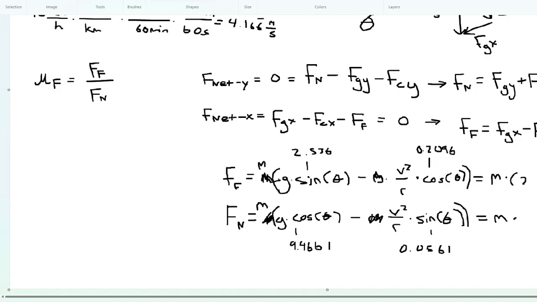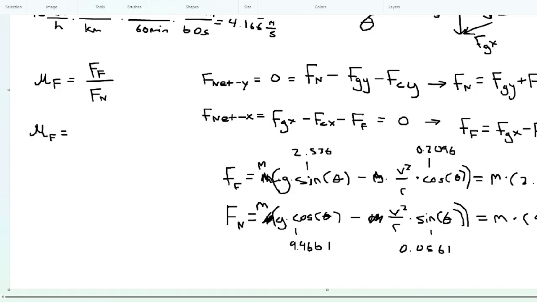Mass times 2.3264. 9.4661 minus 0.0561, 9.41.